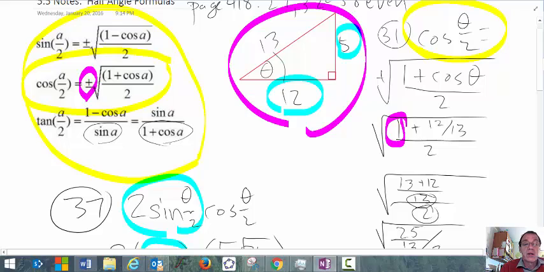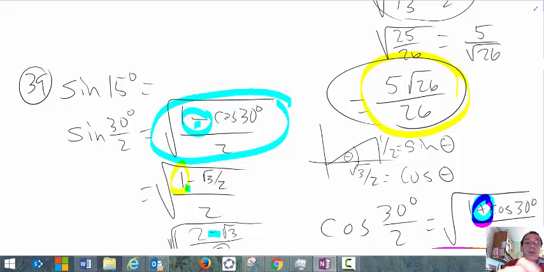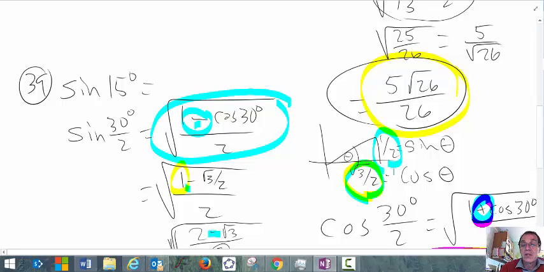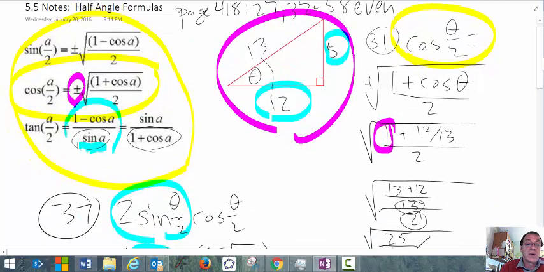What we really don't want is a radical in the bottom. Lucky for us, only one of these is a radical. The other one is not. So we want that radical to be in the top of the fraction and the non-radical to be in the bottom. The non-radical is the sine. So this is the formula we want to use.